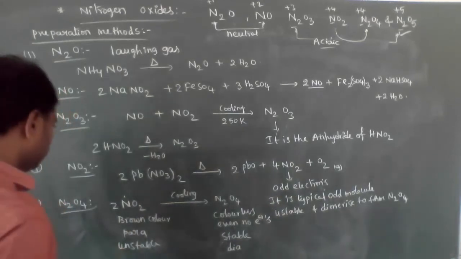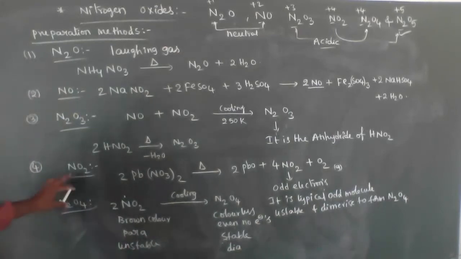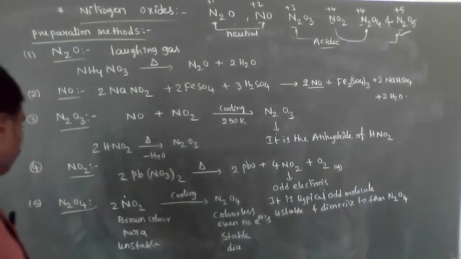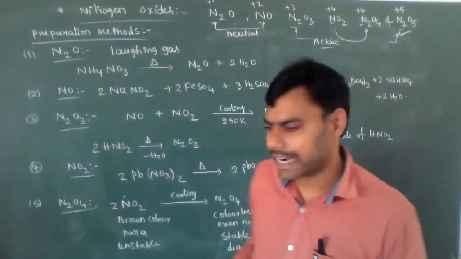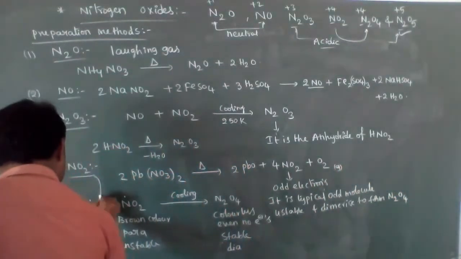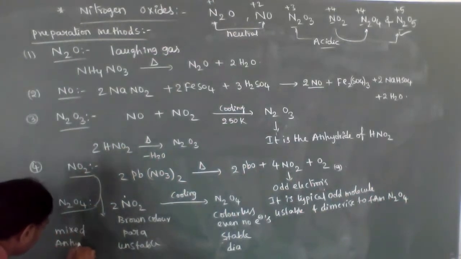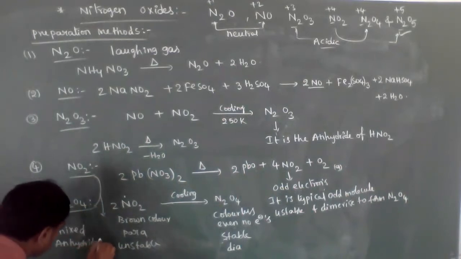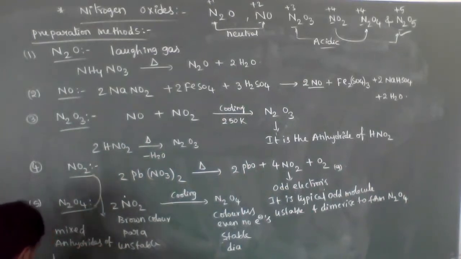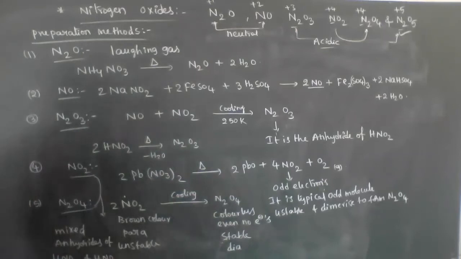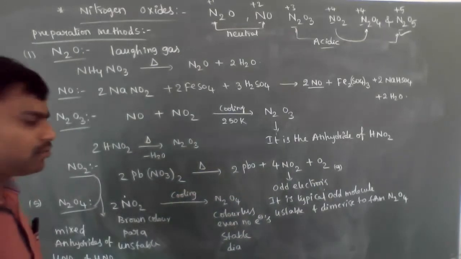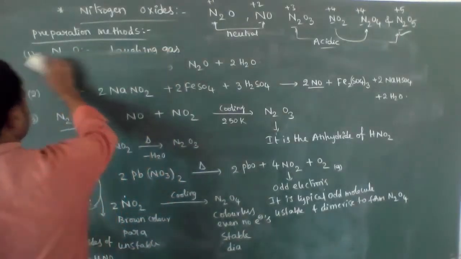The next one: you should observe that NO2 and N2O4 are mixed anhydrides. These are the mixed anhydrides of HNO2 and HNO3.